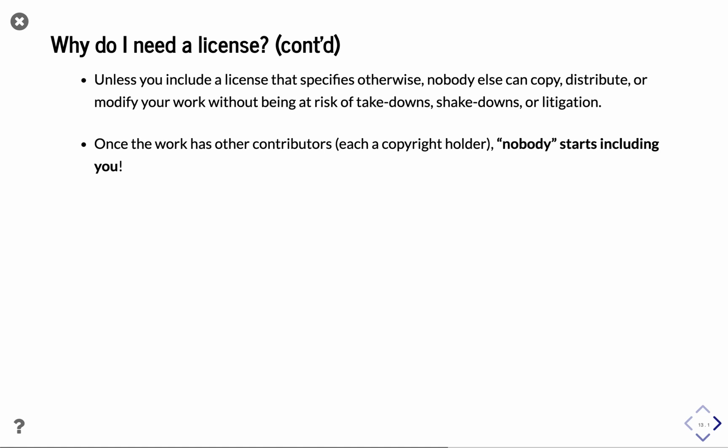And where this starts to get really important to you is once the work starts to have other contributors, each of them becomes a copyright holder. And then nobody can use the work without permission, and this lack of clarity about how you can use the work includes you. So this is really important.